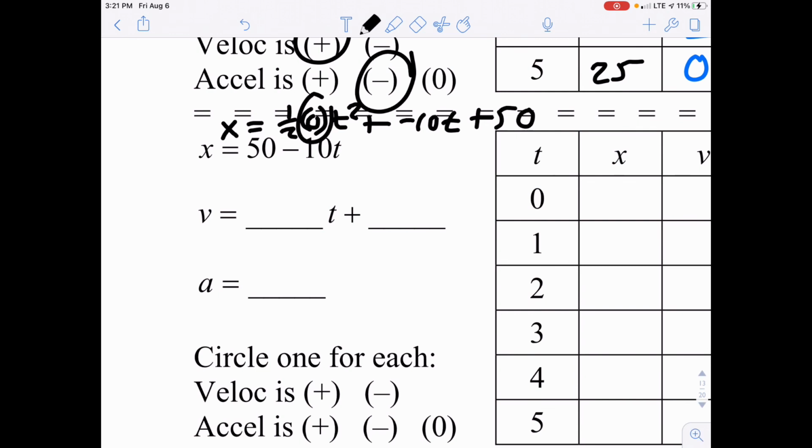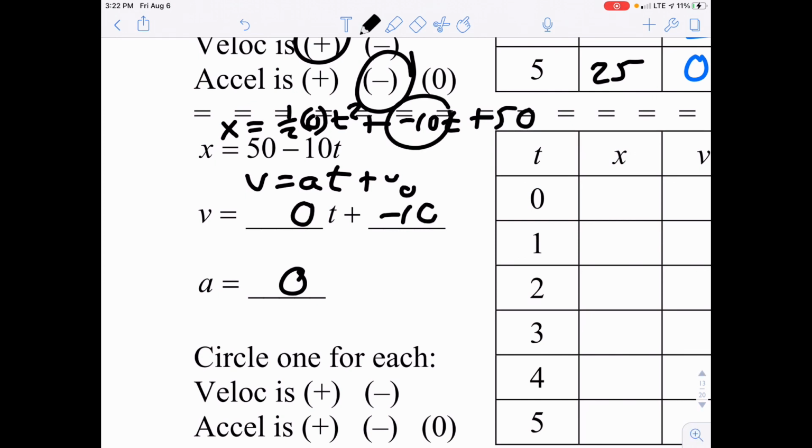And that shows you that your acceleration is 0. I'm going to write a 0 in front of the a, because remember this is v equals at plus v naught, right? And then acceleration is 0 with an initial velocity of negative 10. So the initial velocity is negative 10, but it's not just initial velocity, it's constant velocity because you're not accelerating.